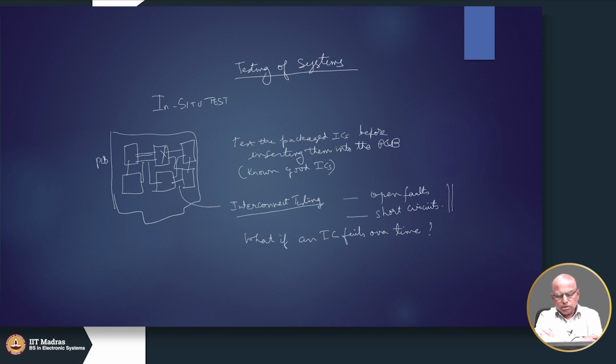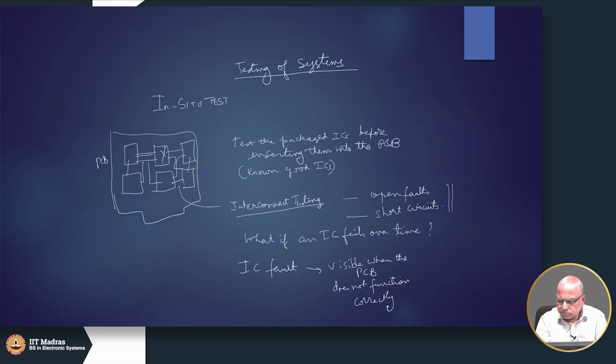So, the IC fault will be visible when the PCB does not function correctly. And many PCBs may be connected in one big system.